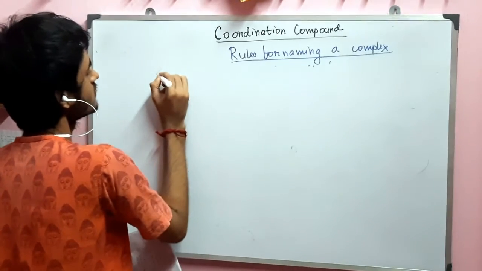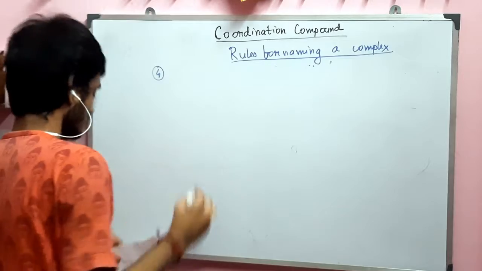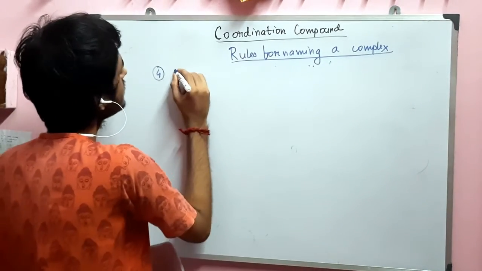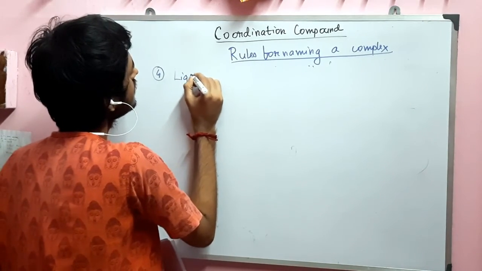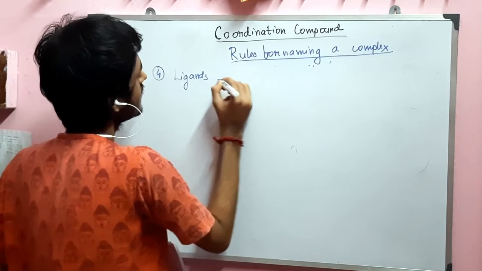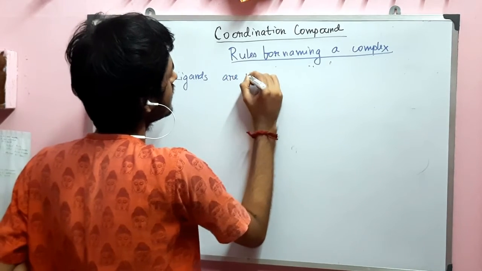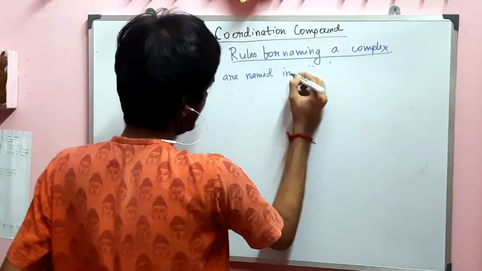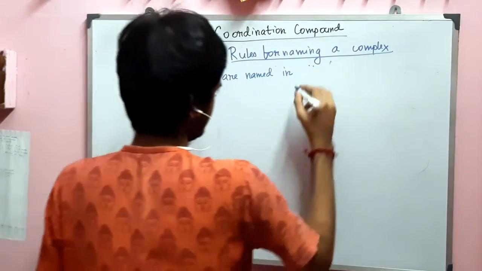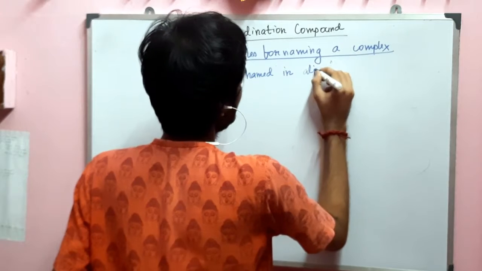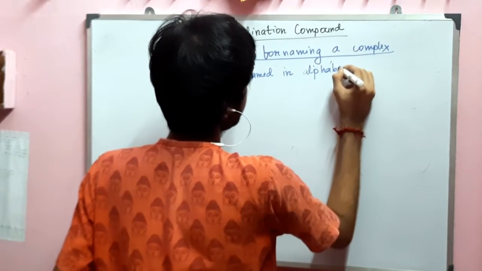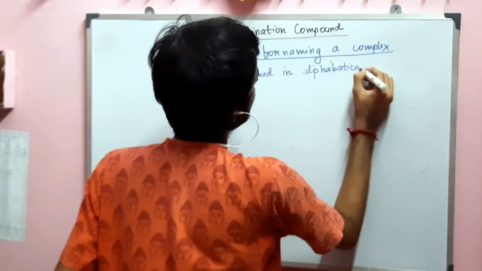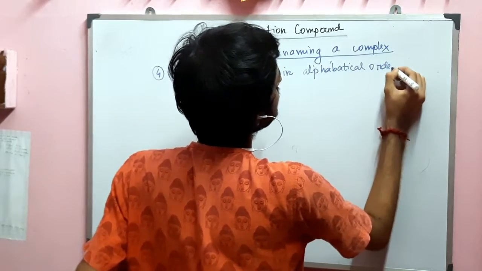The fourth rule is: ligands are named in alphabetical order.